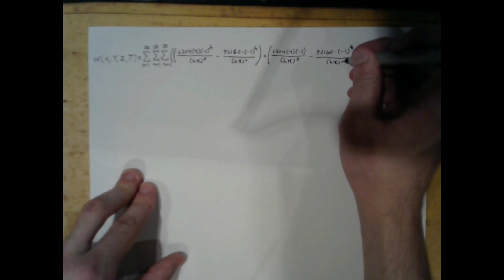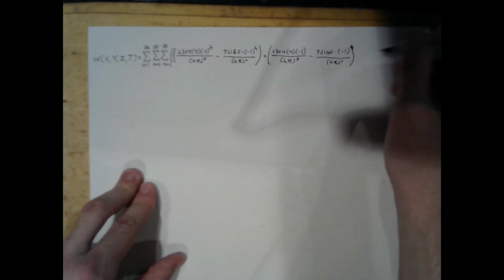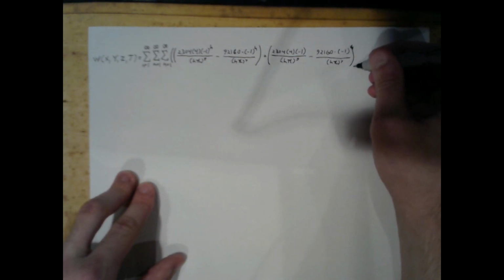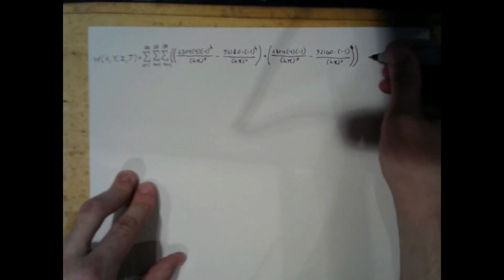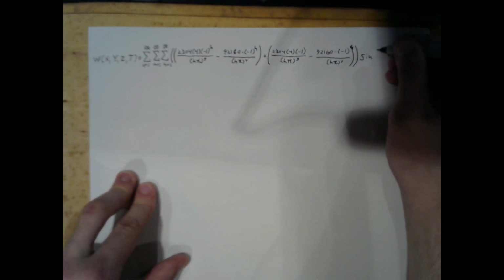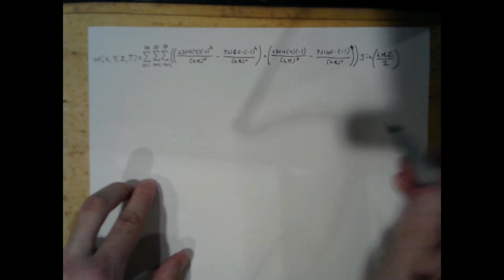And now this entire thing is going to be multiplied by sine h pi z over 2. And this was our first one-dimensional Fourier series we rendered in Desmos.